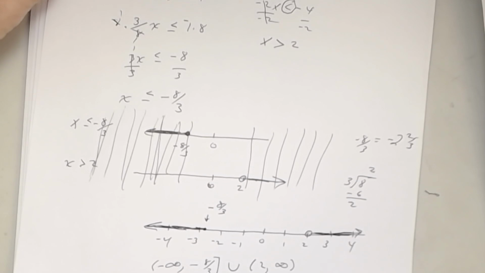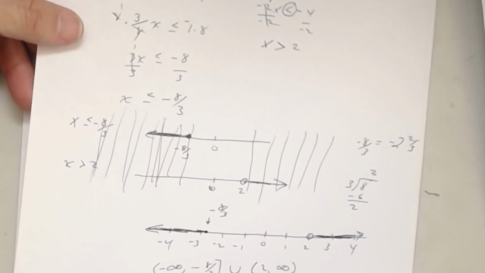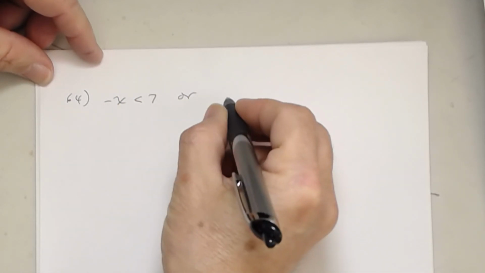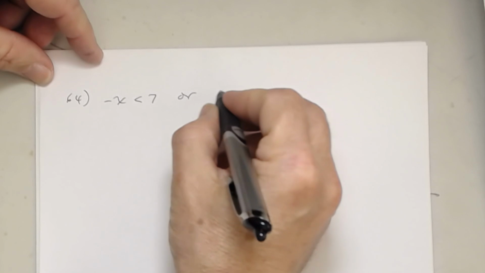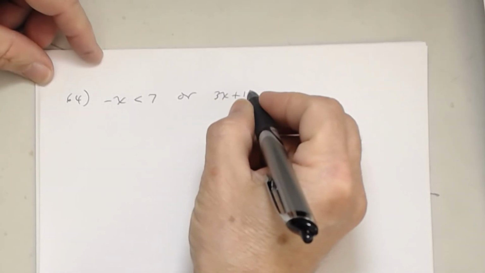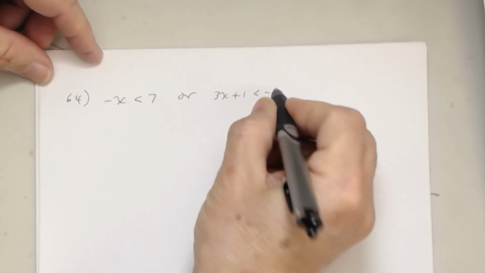Okay. Let's look at number 64. All right, you have negative x is less than 7 or 3x plus 1 is less than negative 20.